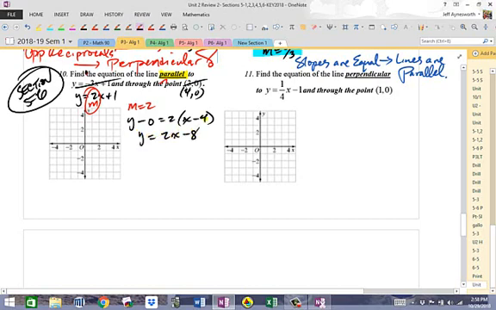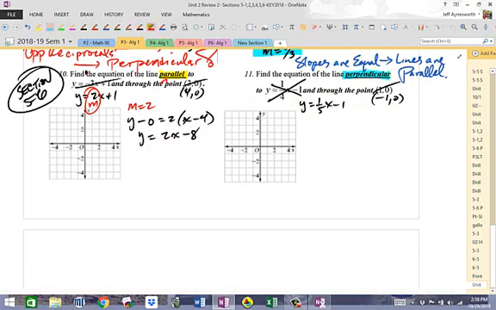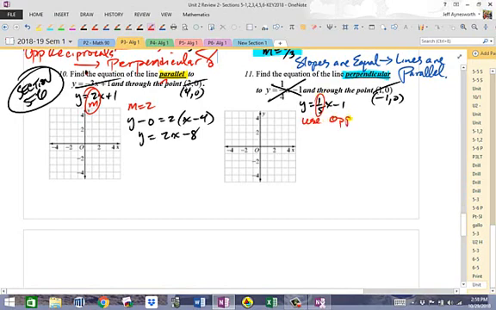All right, now on this one here, I changed this one too. So y is equal to 1/5 x minus 1. And then a different point, -1 comma 0. So here on this one, be careful because it says perpendicular. So I have to use the opposite reciprocal slope.